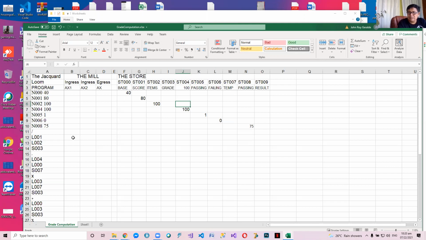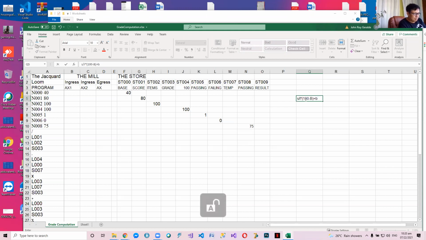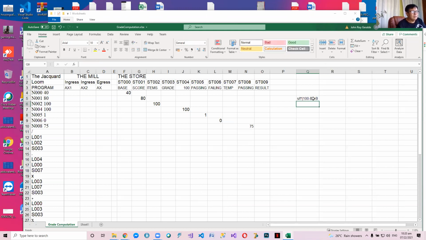This is the formula. That's how to convert a raw score into a grade equivalent, a numeric grade.